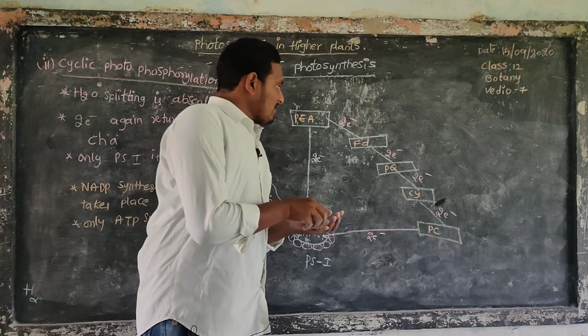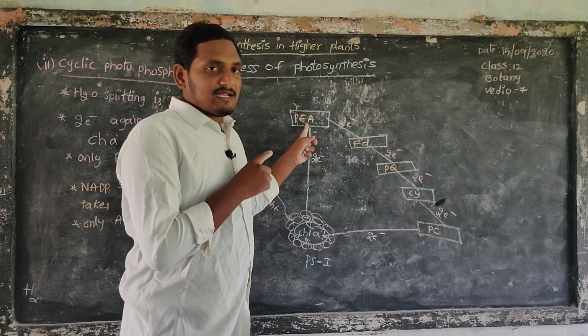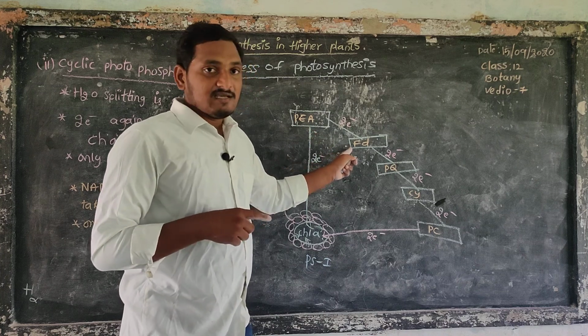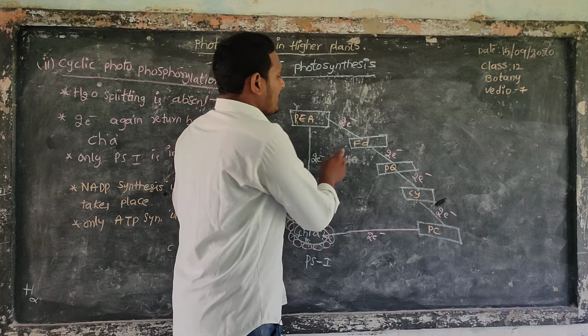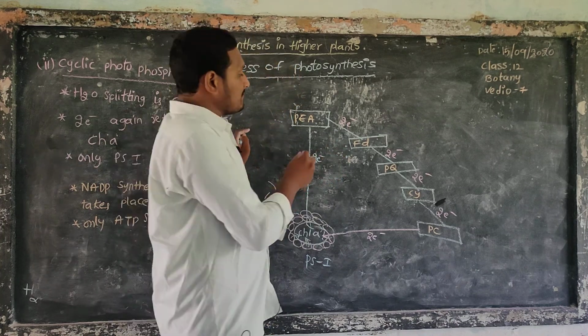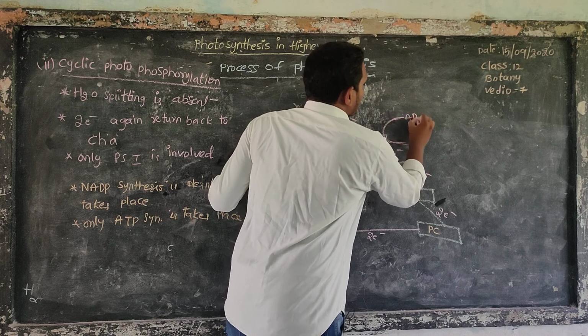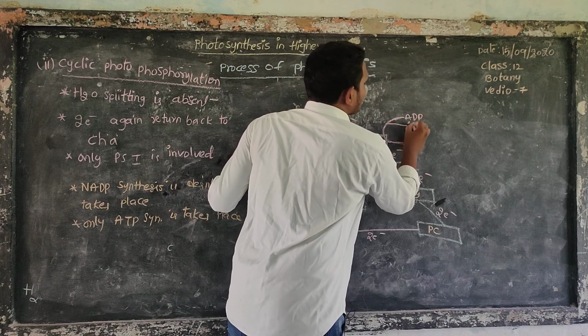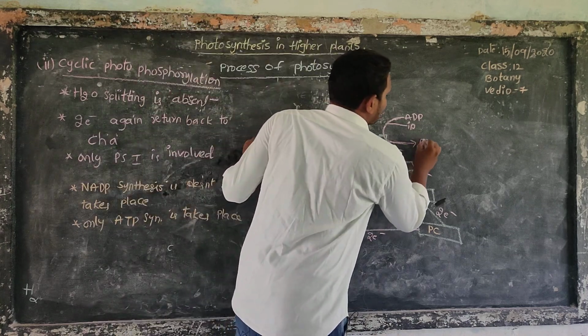Here in the electron transport, the primary electron acceptor sends the electron to ferredoxin, which sends to plastoquinone. At this particular time, at the place of ferredoxin, what will happen? ADP plus one inorganic phosphate are both added here to form ATP.